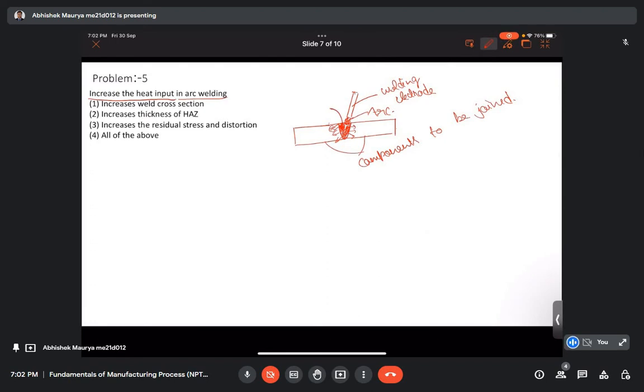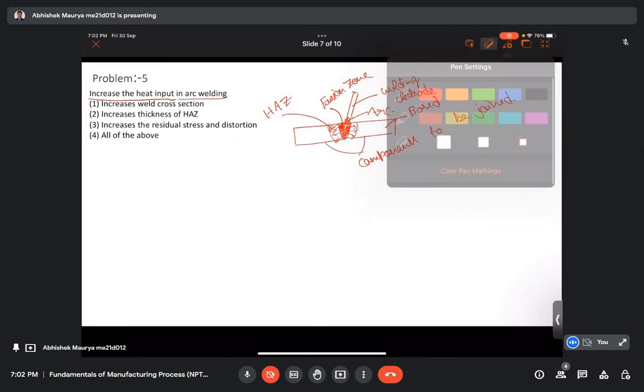This is the fusion zone, and the area near the fusion zone where heat transfer has taken place is called HAZ, or heat affected zone. Because of this heat affected zone, the properties of the base metal get changed.